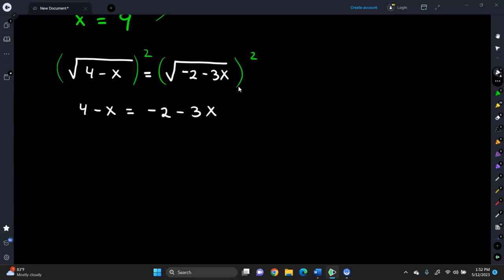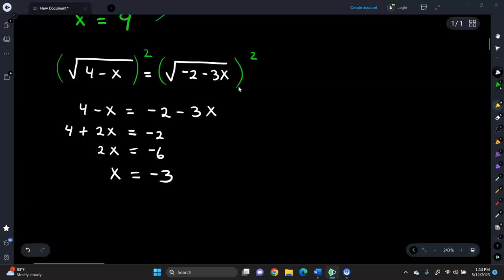So I'm going to add 3x to both sides. Gives me 2x on the left. And then I'll subtract 4 and get negative 6. Dividing by 2, we get x equals negative 3. So we always have to go back and check our answer when we're talking about radical equations.